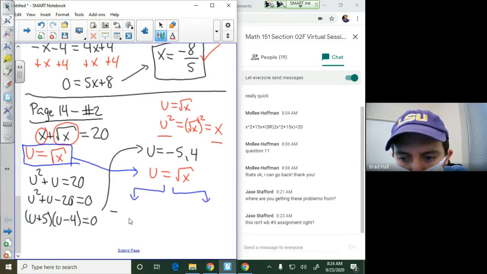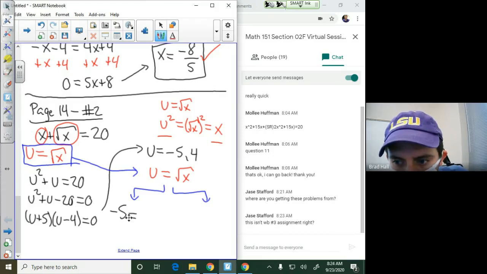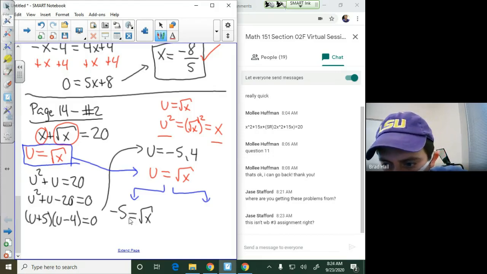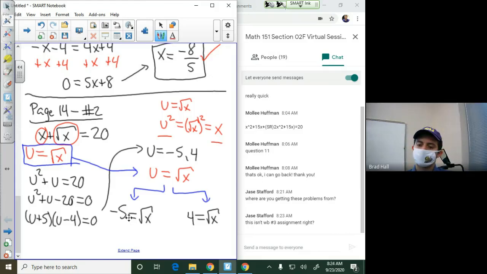So one of the U values is -5. One of them is 4. Now it takes a lot less time to figure out the solution for one of these than the other. Do either of you two happen to see it? Negative. Yeah, negative with the square root.